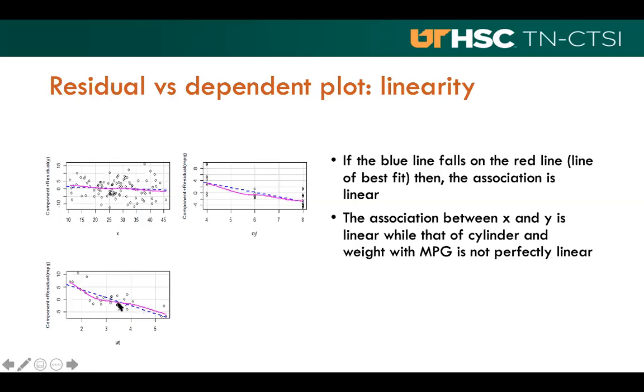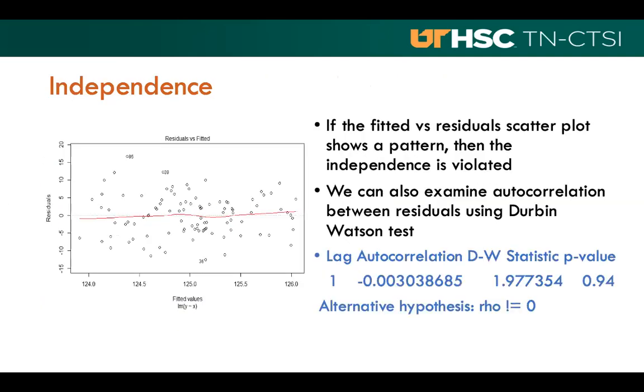In the third figure, again, it deviates from linear association, weight versus miles per gallon, weight of a car in tons and miles per gallon. The association does not look linear, but the deviation is again not too much.